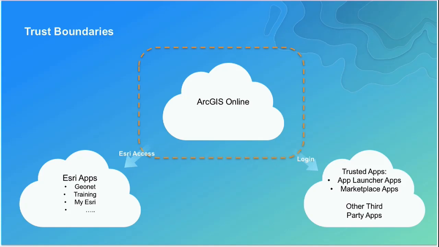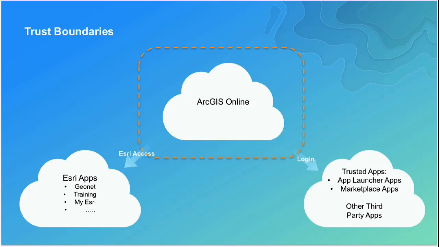And then when users cross that boundary and log into something outside of it, we ask them to confirm that they are trusting the application that they are logging into. So there is an extra screen that happens when a user is trying to log into a third-party application.